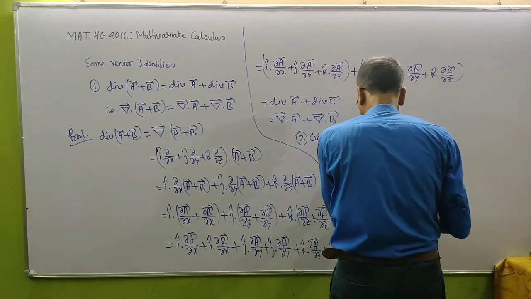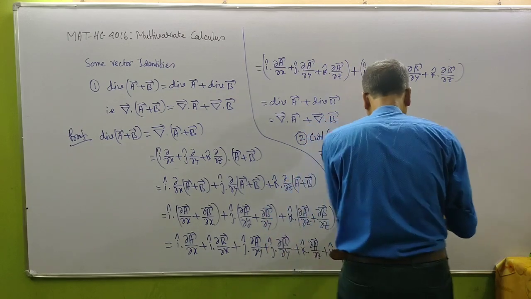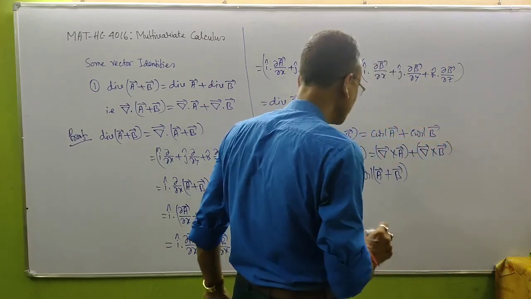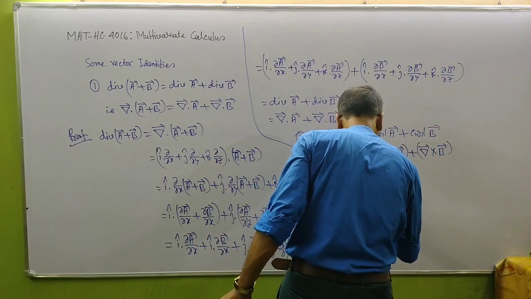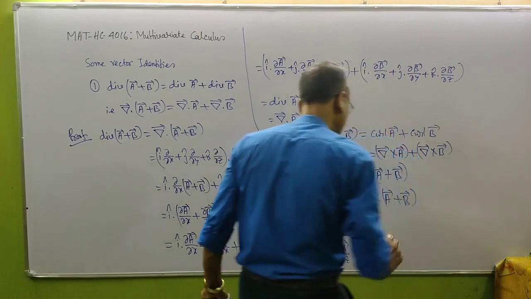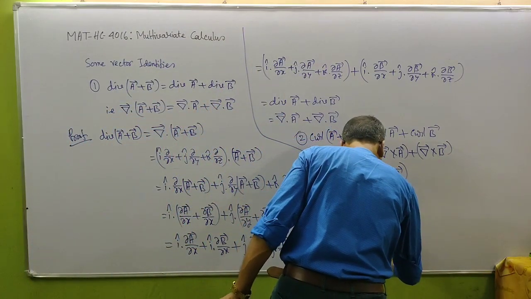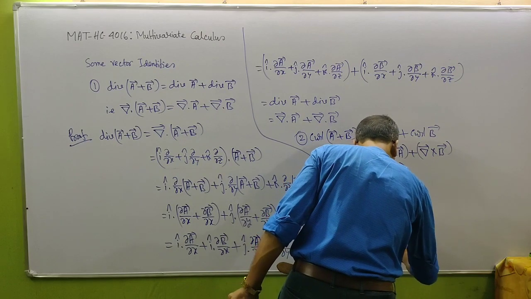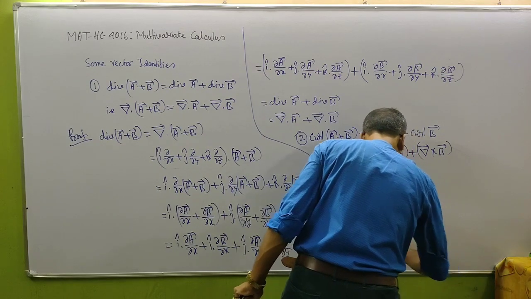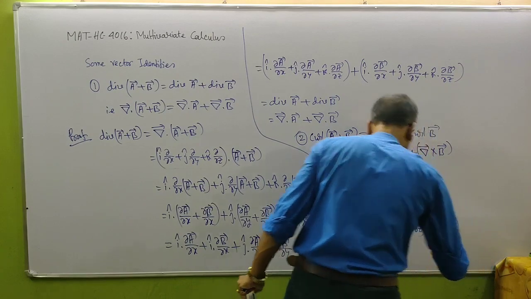Curl of A plus B is equal to del cross A plus B. It is nothing but i cap del by del x plus j cap del by del y plus k cap del by del z, cross A plus B.